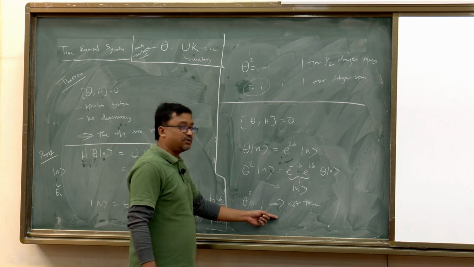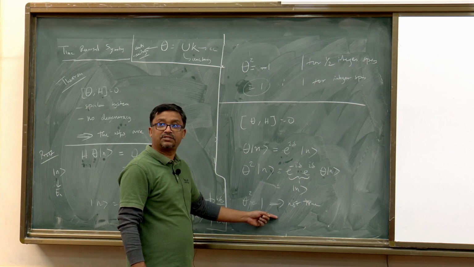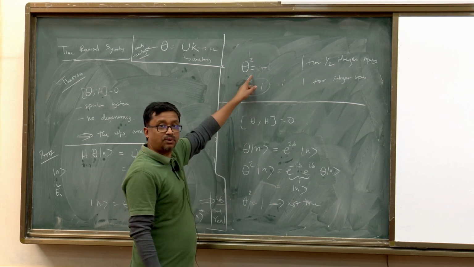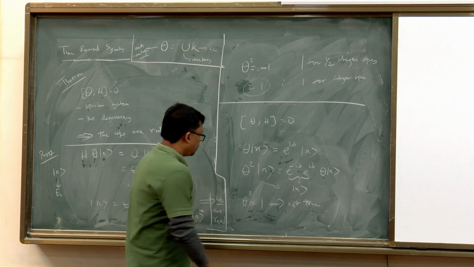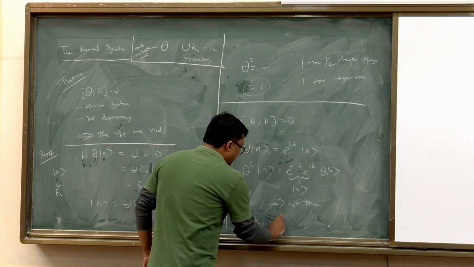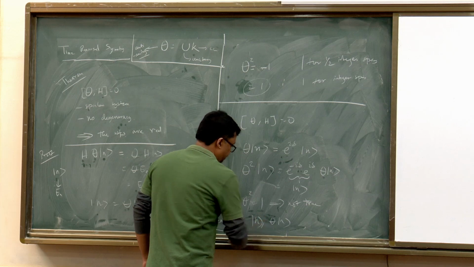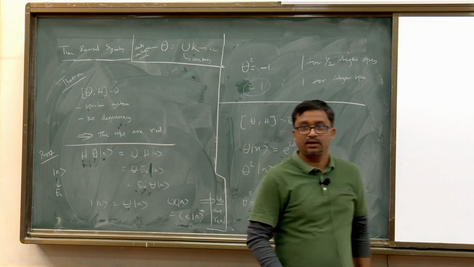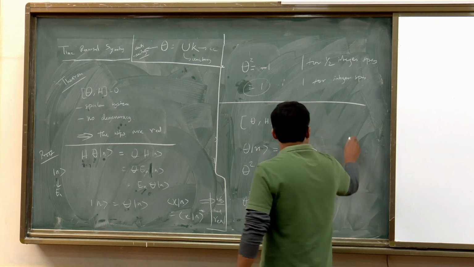If they become the same, then theta square is 1, which cannot happen for half integer spin. For half integer spin theta square is -1. So what is true is n and theta n are degenerate. This degeneracy is known as Kramers degeneracy.